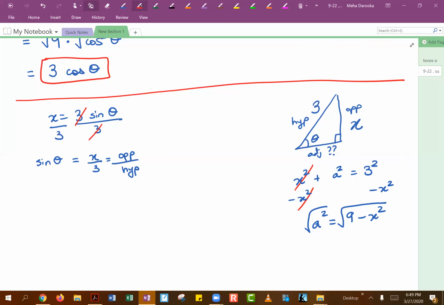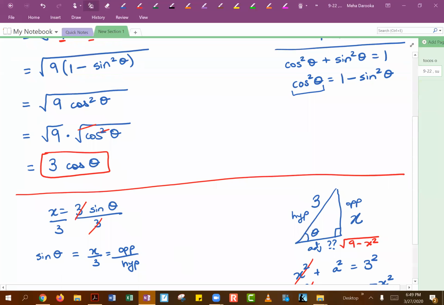Now normally with square roots, we get one positive and negative root, but we know since our triangle has to have a positive value for its side, we're actually going to ignore the negative root and just go with the positive. And you can see our adjacent side is coming out to be square root of 9 minus x squared.